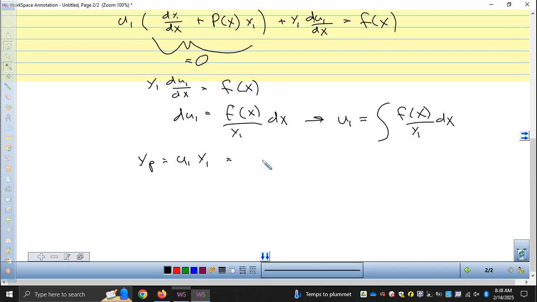So that is going to equal y1 times the integral of f of x over y1 of x dx. And we know that y1 is e to the negative integral of p of x dx. And we get the same solution that we had before, by assuming that the particular solution to the non-homogeneous differential equation is this unknown variable parameter times our original solution.